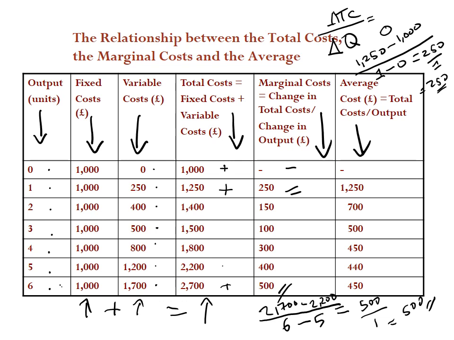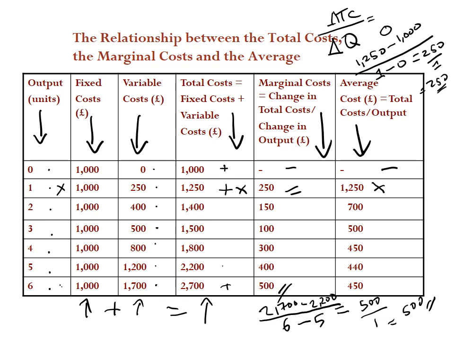How about your average cost? Very simple. All you have to do is your total cost divided by output. So here our total cost is 1,000 divided by output is 0. So the first time we have nothing, right? Second time our total cost was what? 1,250 divided by our output, which is 1, and that would give us 1,250.